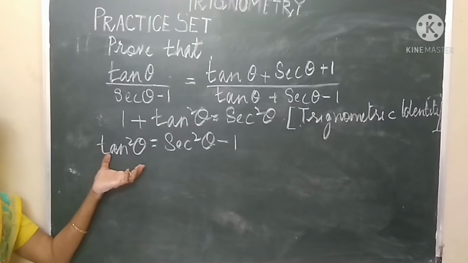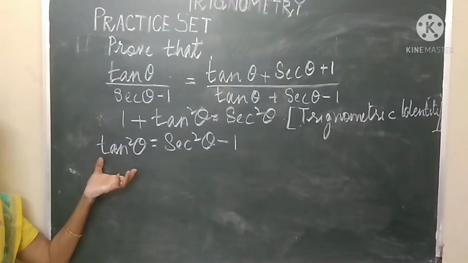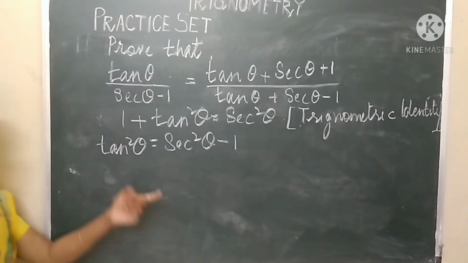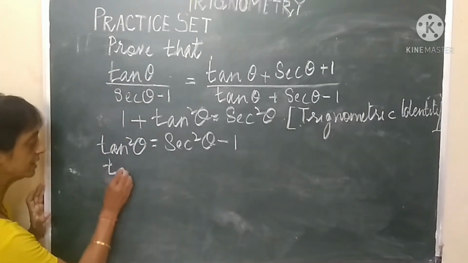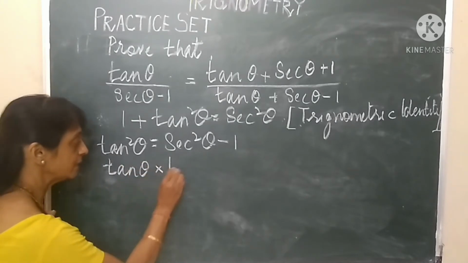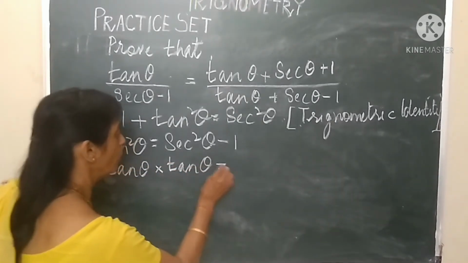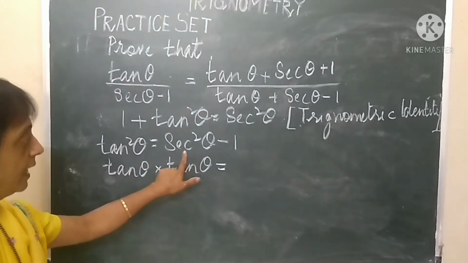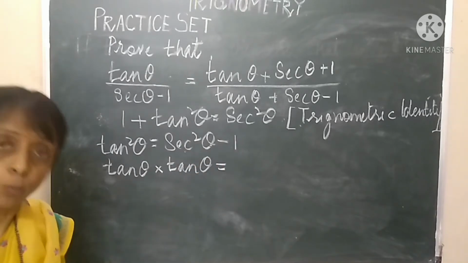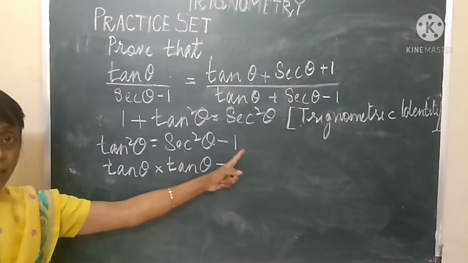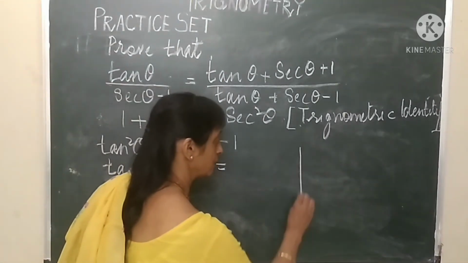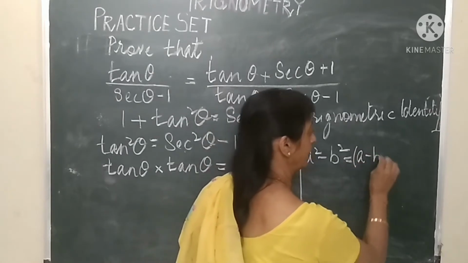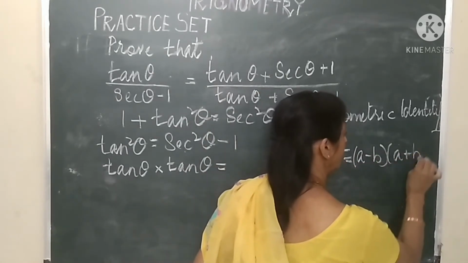Now over here on the left hand side, tan square theta resembles a square. A square can be written as a into a. Similarly, tan square theta can be written as tan theta multiplied by tan theta. What about the right hand side, children? The right hand side resembles the formula a squared minus b squared, which can be split up as a minus b into a plus b.